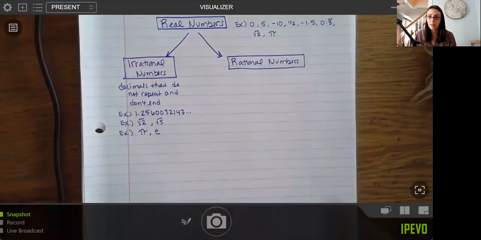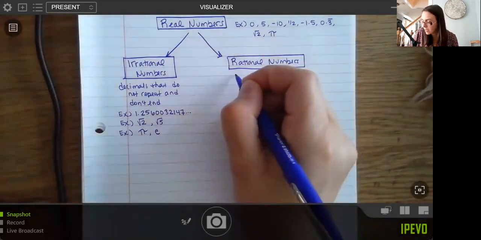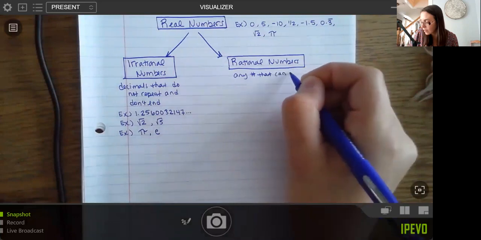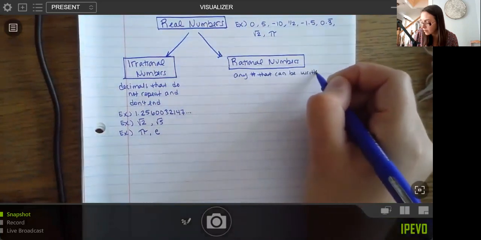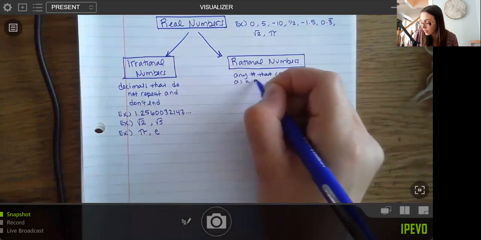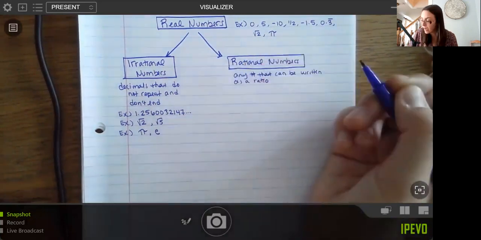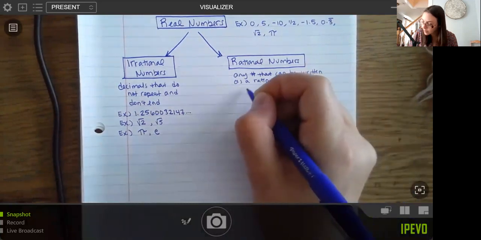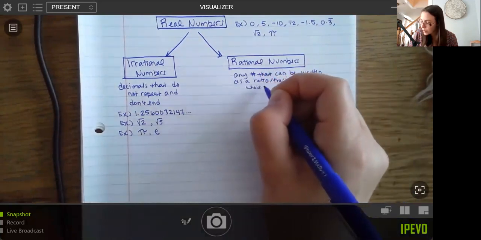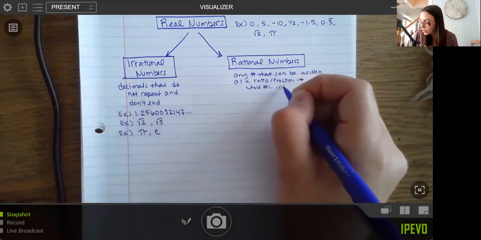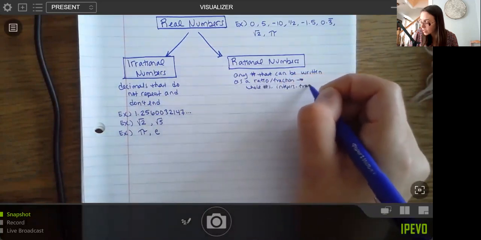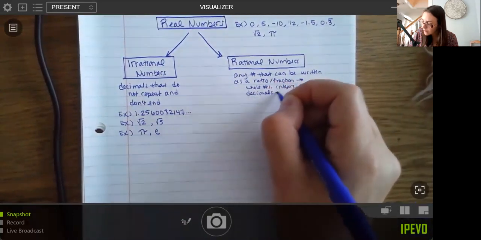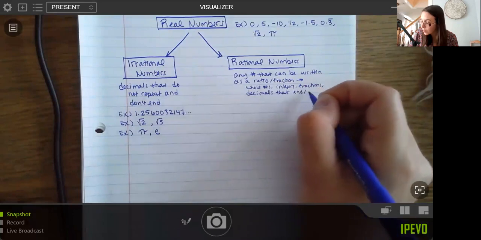Your rational numbers are everything else. So basically, this is any number that can be written as a ratio. That's the definition, ratio, which is a fraction. And this ends up including any whole numbers, any integers, obviously fractions, and it also includes decimals that end or repeat.